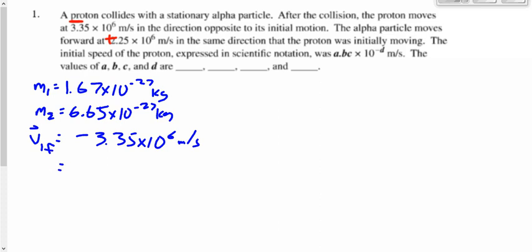Now we get another velocity as well that's positive 2.25 times 10 to the 6. V2, yeah. Luke, is it V2I or V2F? Good, V2F. Excellent. The initial speed of the proton, we're looking for V1 initial.